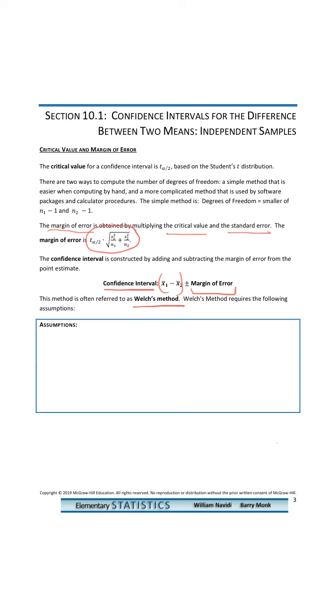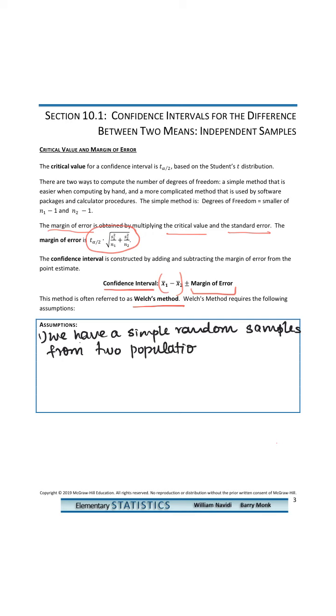The first assumption is we have simple random samples from two populations. The second one is the samples are independent of one another.